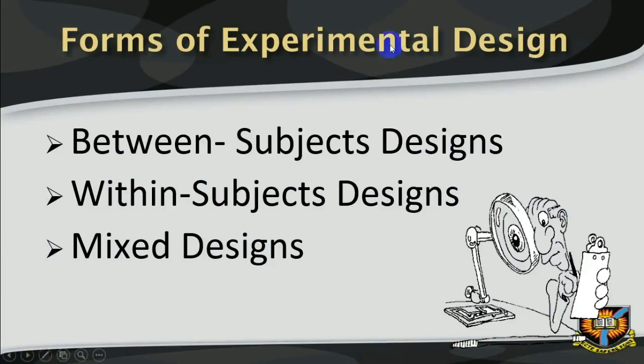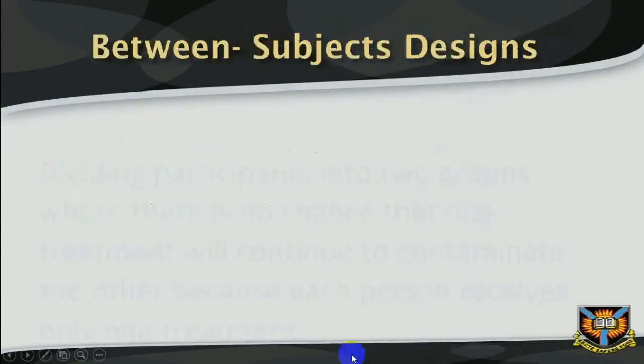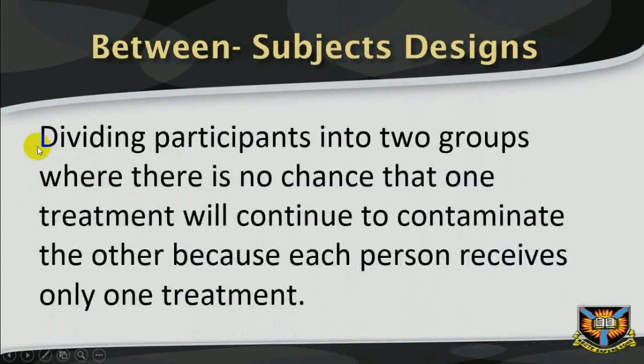Forms of experimental design. Between subject designs. The between subjects (in brackets, 2 group) design is conservative. There is no chance that one treatment will continue to contaminate the other because each person receives only 1 treatment, (in brackets, 1 repetition or 5 repetitions), but not both.